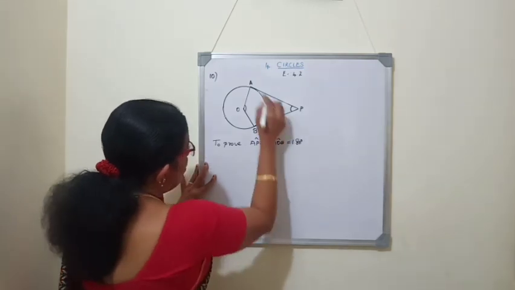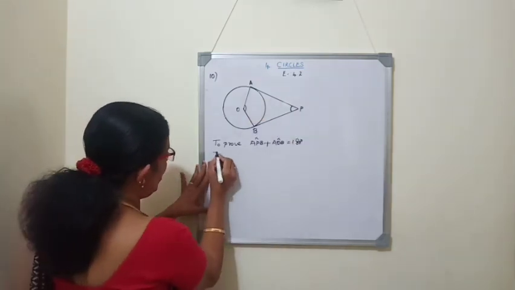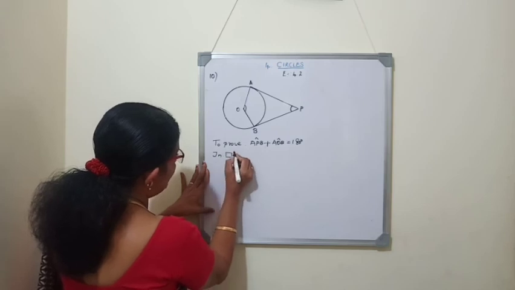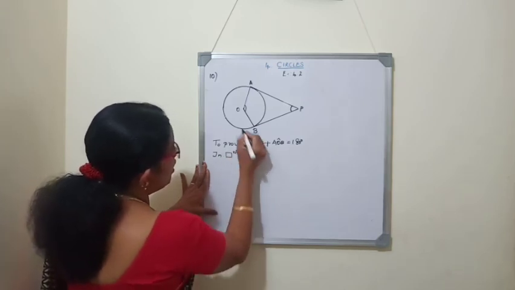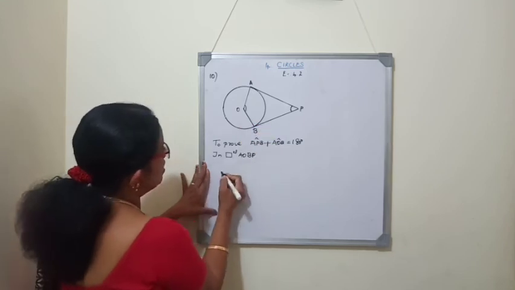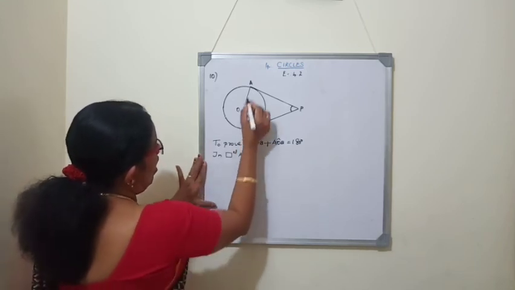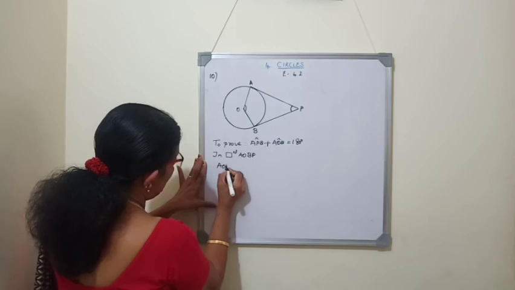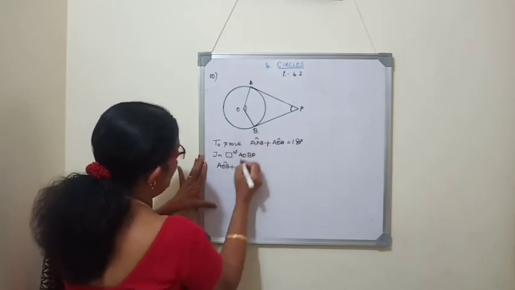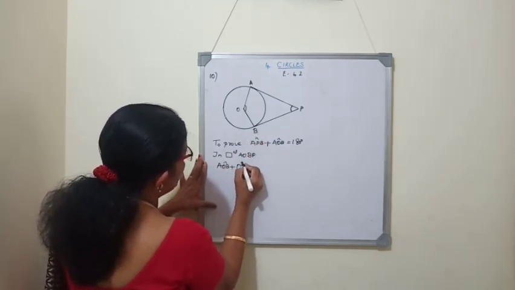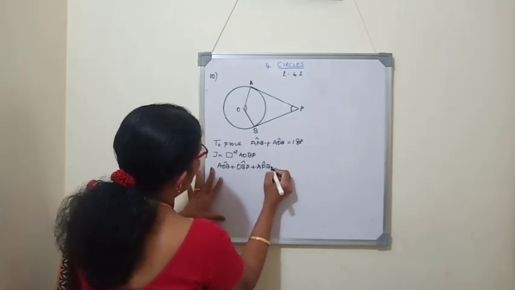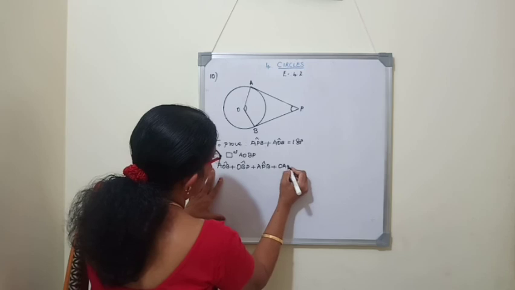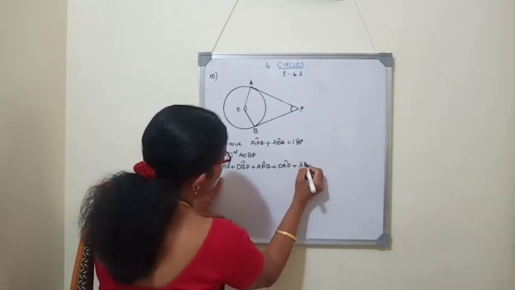So, we will consider the whole quadrilateral AOBP. In quadrilateral AOBP, the sum of all the angles together is 360 degrees. So, we will write angle AOB plus angle OBP plus angle APB plus angle OAP, four angles together 360 degrees.